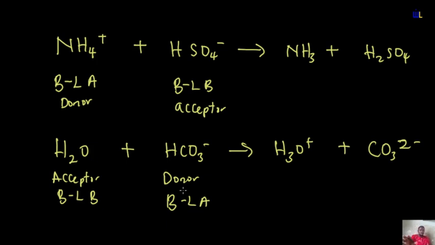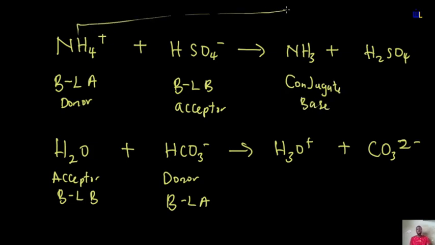But before we get into Lewis, once you have that a Bronsted-Lowry acid donates a proton, the product after it donates a proton is what we call a conjugate base. I'll say it again. A Bronsted-Lowry acid will form a conjugate base, while a Bronsted-Lowry base will form a conjugate acid.